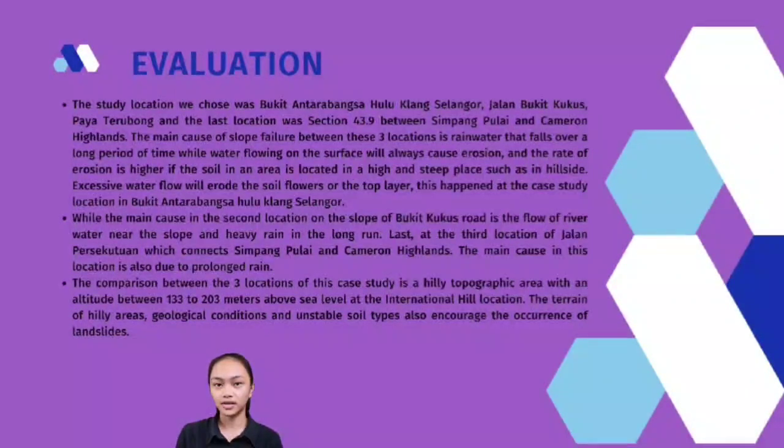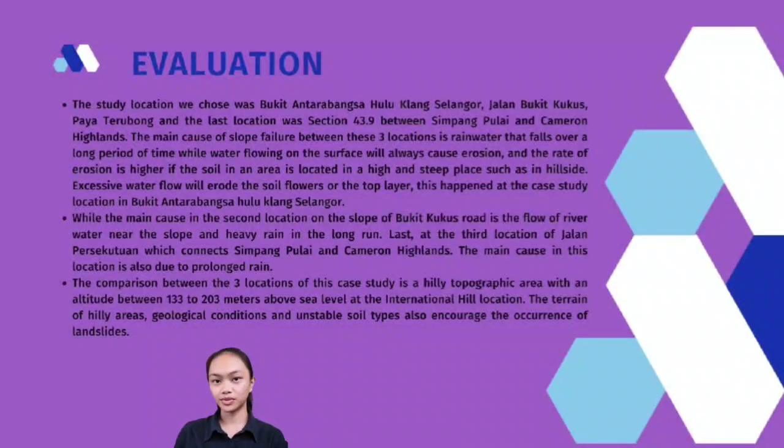Excessive water flow will erode the topsoil or the top layer. This happened at the case study location in Bukit Antarabangsa Hulu Klang, Selangor, while the main cause at the second location, the slope on Bukit Kukus Road, is the flow of river water near the slope and heavy rain in the long run. Last, at the third location, Jalan Persekutuan, which connects Simpang Pulai and Cameron Highlands, the main cause is also prolonged rain.